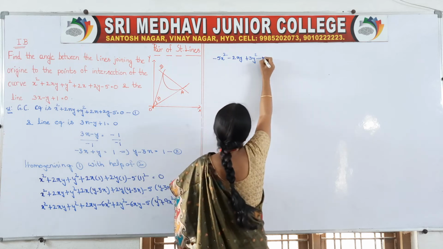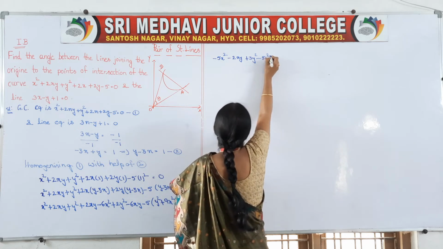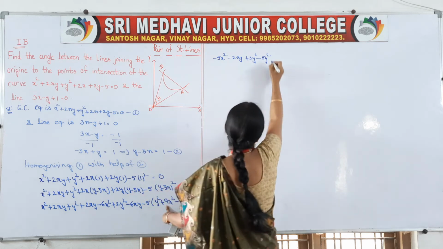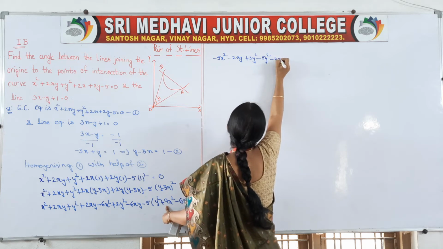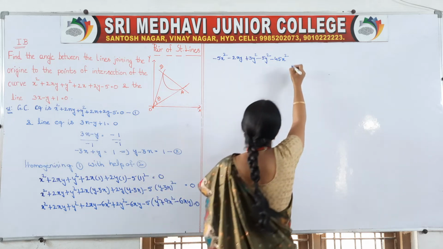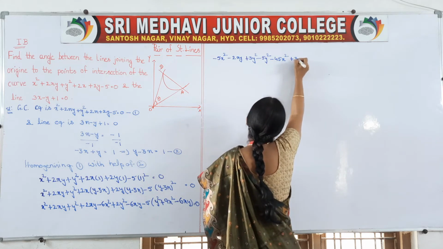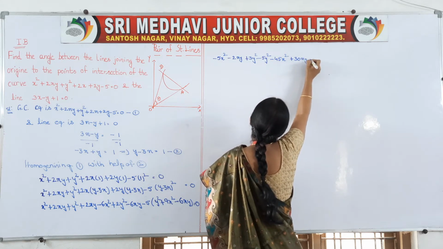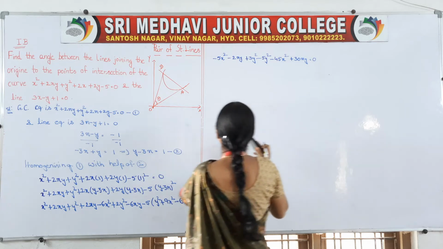So it is minus 5y square minus 9 5s are 45x square minus of minus plus 5 6 are 30xy is equal to 0.